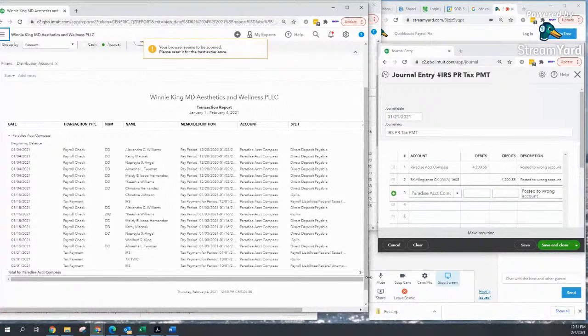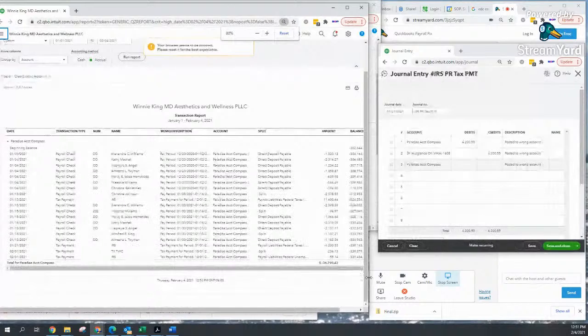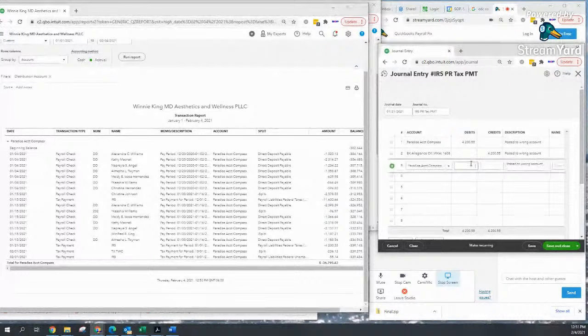I'm going to have to reduce the screen a little bit. Keisha, oh, I missed Alexandra. Putting the money back in, Alexandria is $2,398.39. And then Keisha's a split.